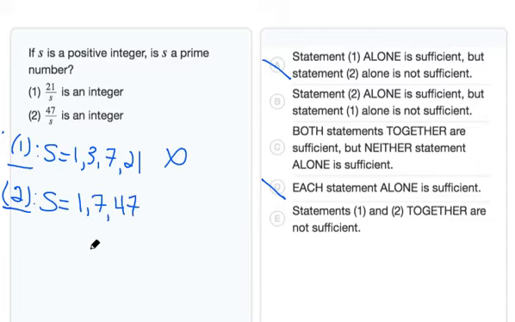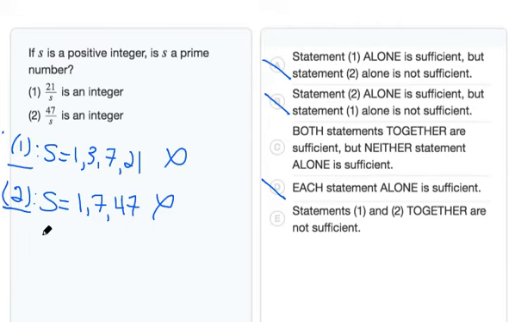In this case, S might be prime if it's 47, but S also might not be prime if it's 1. So by the same logic, this statement alone is also not sufficient. This means that we can eliminate answer choice B, since statement 2 alone is not sufficient.